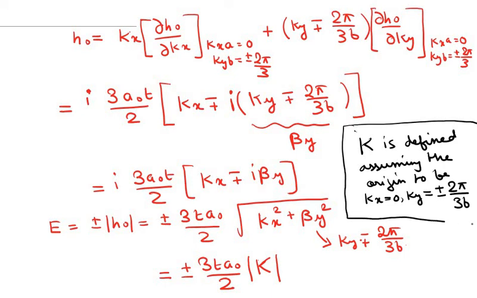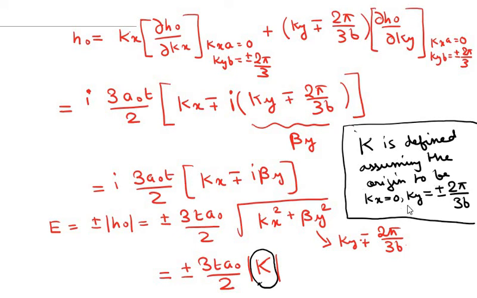Okay, so we note that the dispersion relation at the junction of the conduction band minima and the valence band maxima is basically linear with the magnitude of this K vector defined with this new origin over here.